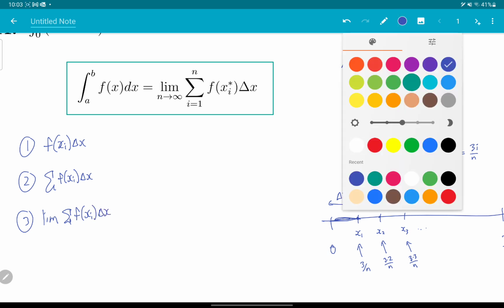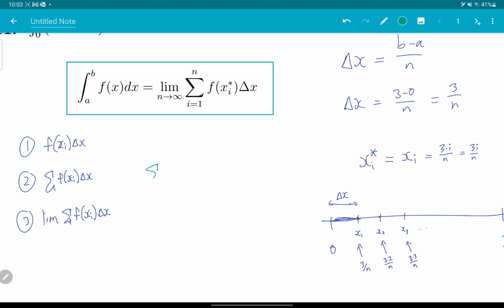Now I'm using a short form for my sigma. When I write sigma with nothing above or below, I will mean this. So just be aware of that short form. It's a pain to write the subscript and the n on top here.